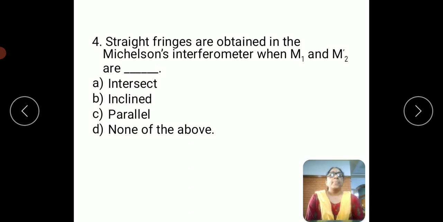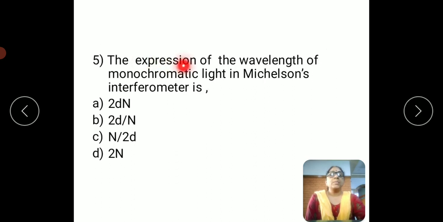Now, the straight fringes are obtained in the Michelson interferometer when M1 and M2 dash intersect. So the answer is A. Next, the expression of the wavelength of the monochromatic light in a Michelson's interferometer is 2d by n. So the answer is B.